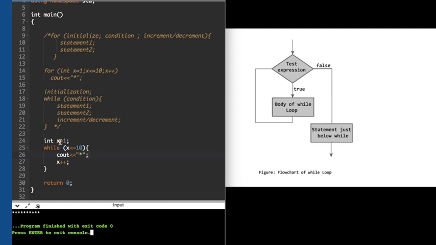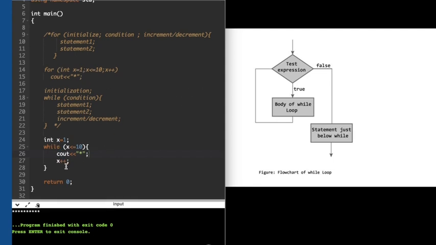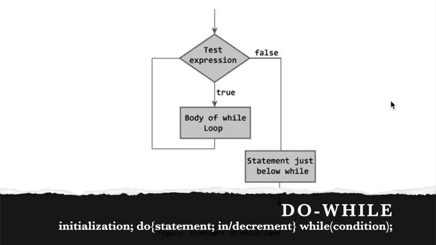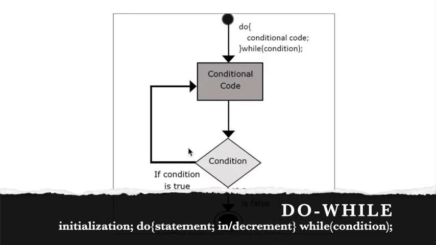Alright, so this is while. So let's have a look at the third one, which is do while. So in this do while, you have to write this do and then the conditional code.